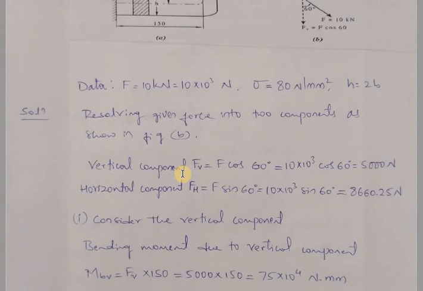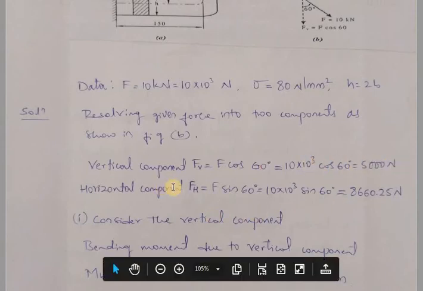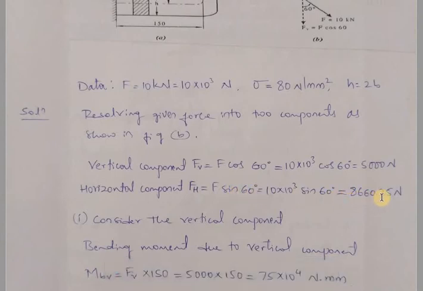So vertical component, Fv is equal to F cos theta, that is angle theta is 60 degree. We get vertical component as 5000 Newton, and horizontal component as F sin 60, we get 8660.25 Newton. So this is the horizontal component.